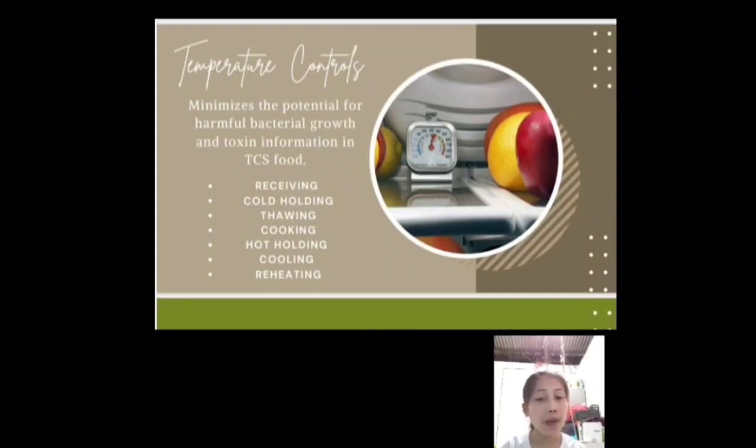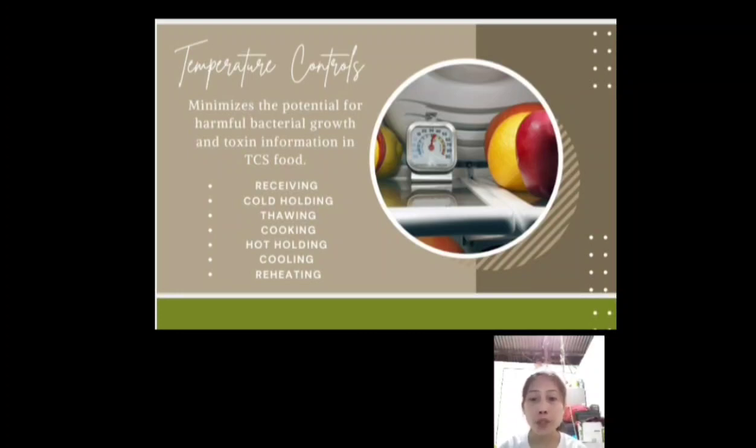So it is vital for food safety assurance and to process our food products. So it minimizes the potential of harmful bacterial growth and toxin formation in TCS food.